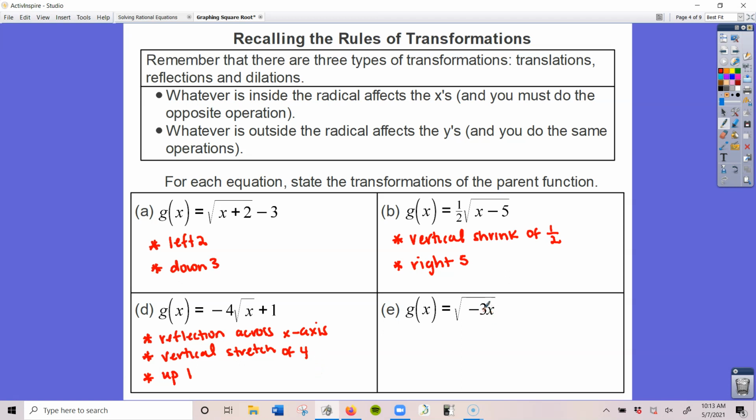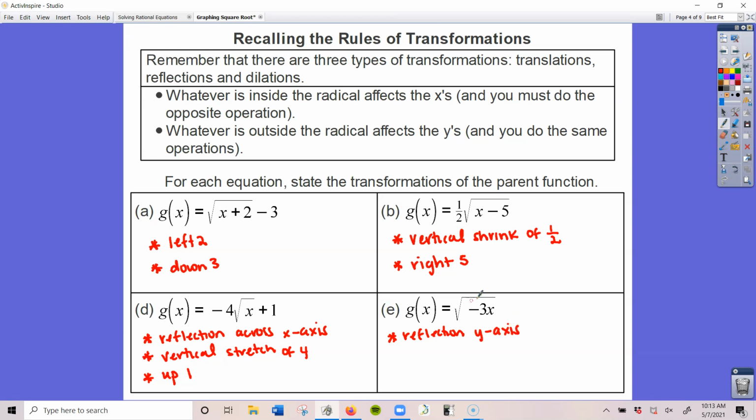Now last one here, we have the square root of -3x. Here, everything is inside of the radical. There is nothing on the outside, so that's not going to affect your y values at all. The negative on the inside means that there is a reflection across the y-axis.